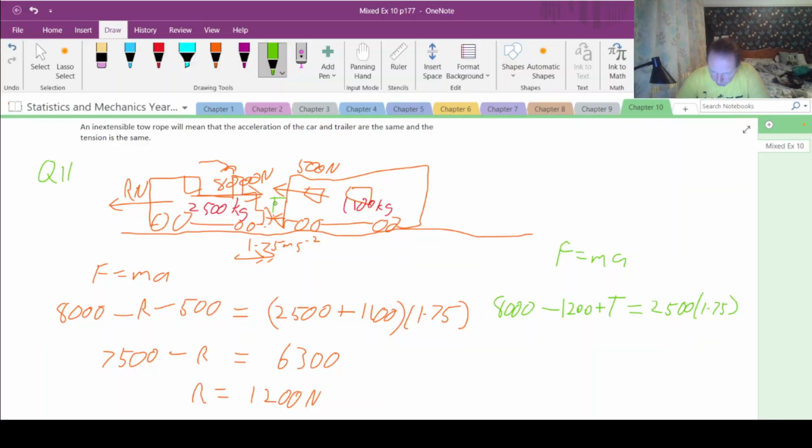Okay, so with that in mind, 8,000 take away 1,200, 6,800. 6,800 plus T is equal to 2,500 multiplied by 1.75, which is 4,375.